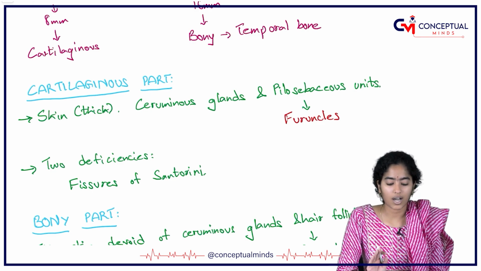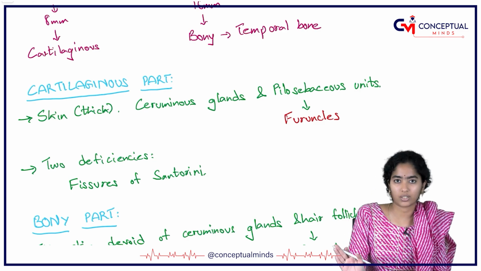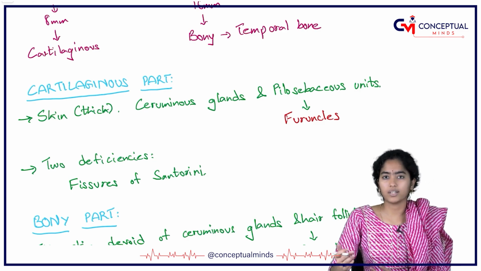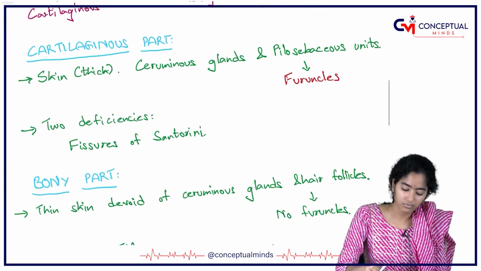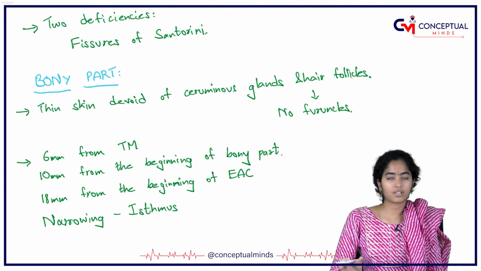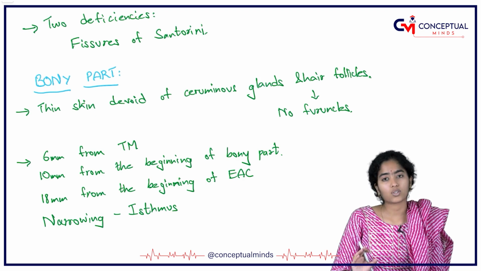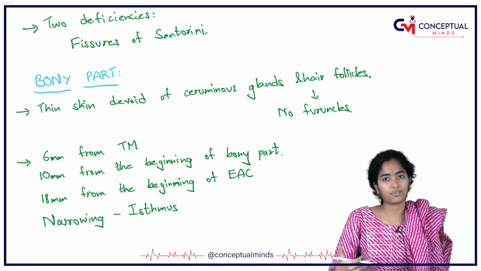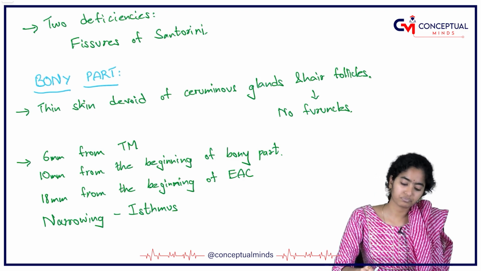Cartilaginous part, fissures of Santorini. Bony part, automatically it is foramen of Huschke. The bony part is devoid of ceruminous glands, no hair follicles, and the skin lining it is thin skin. And so because there are no hair follicles, obviously furuncles are not possible in that area.